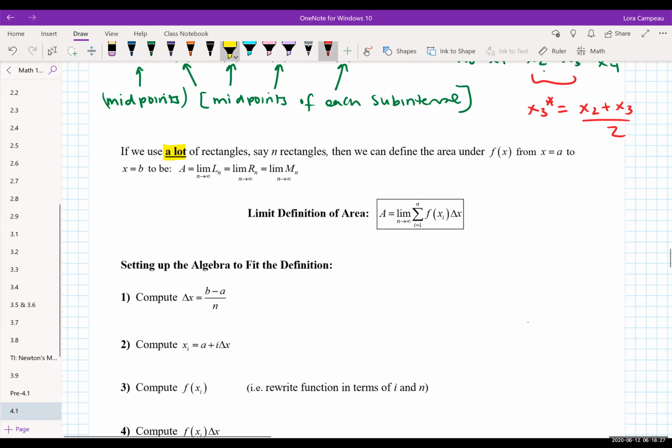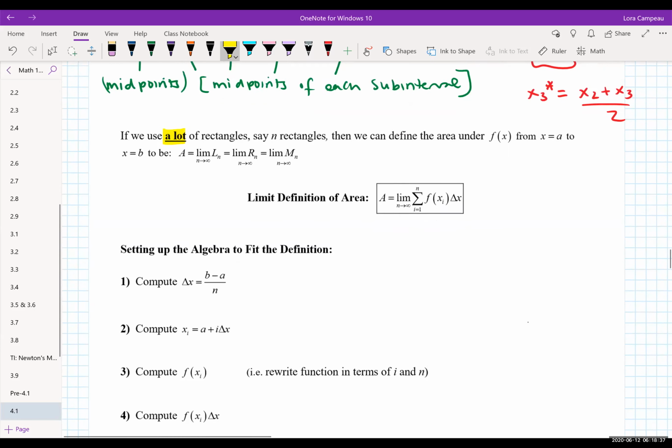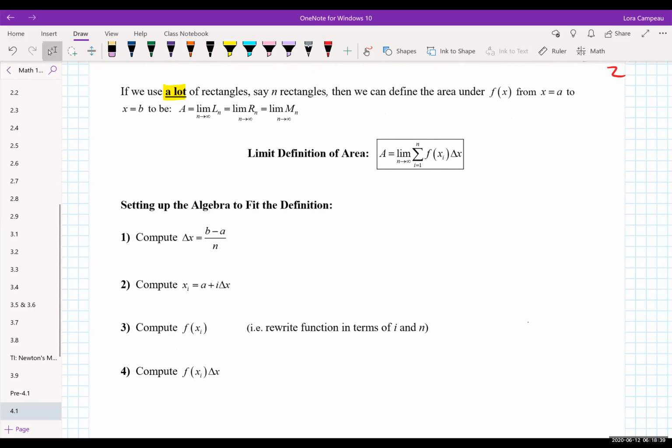So remember how I was using the f of x sub i delta x? Well, we finally have arrived now. When we do the next few problems, before you even jump into calculating the limit, the first thing to do is set up everything just like we were doing earlier, in terms of delta x and f of x sub i, and a plus i times delta x.